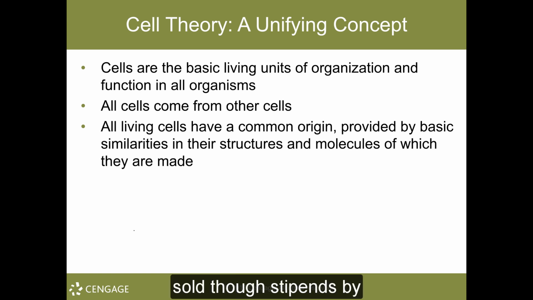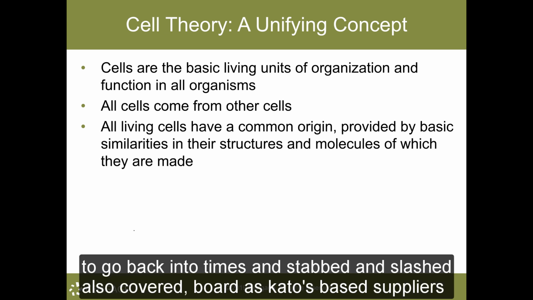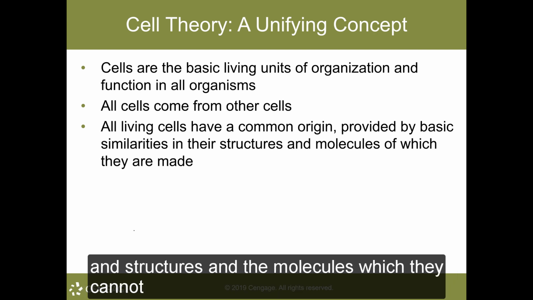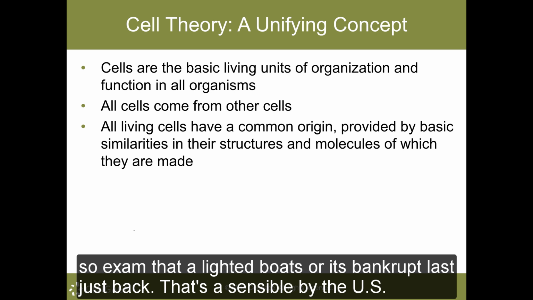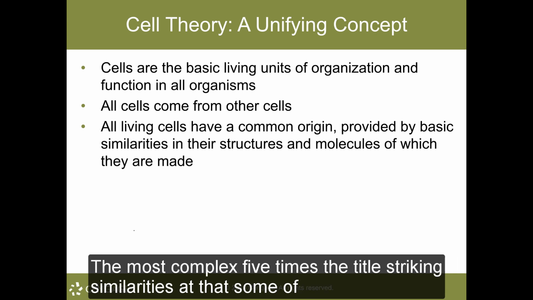So with those three things in mind, there is evidence, class, of such. You can go back to ancient times, and it's evidence, class, that all cells have a common origin, and it's provided by the basic similarities in their structures and in the molecules that make them up. When we examine that variety of diverse organisms, ranging from simple bacteria, being unicellular, to the most complex plants and animals, we find striking similarities at the cellular level.